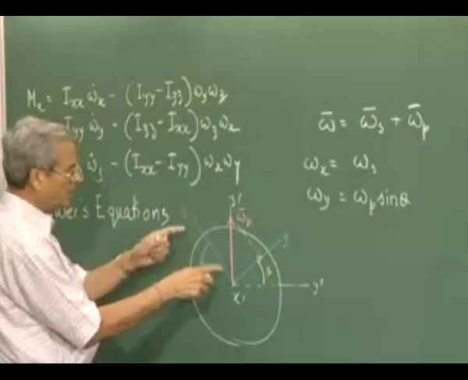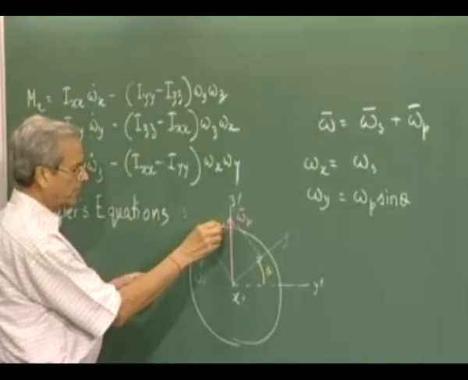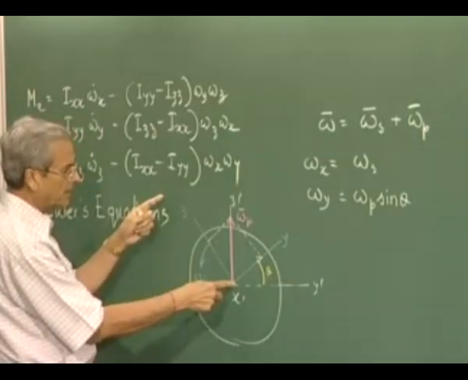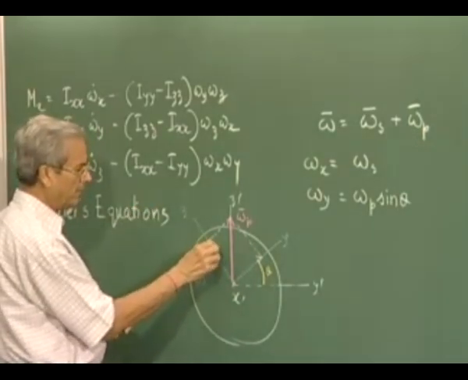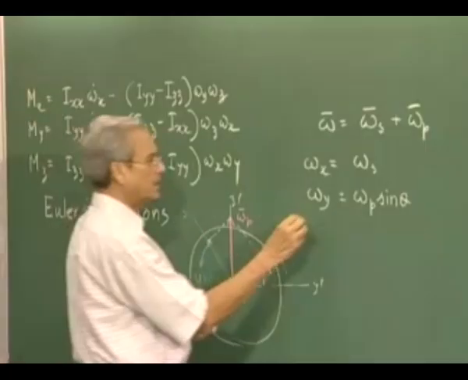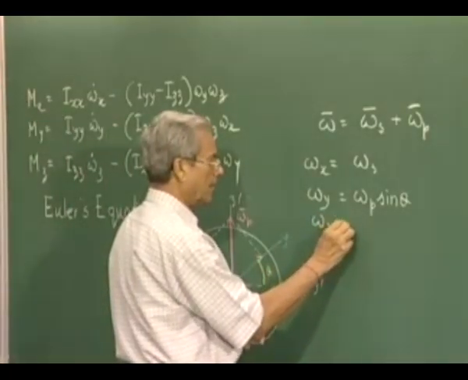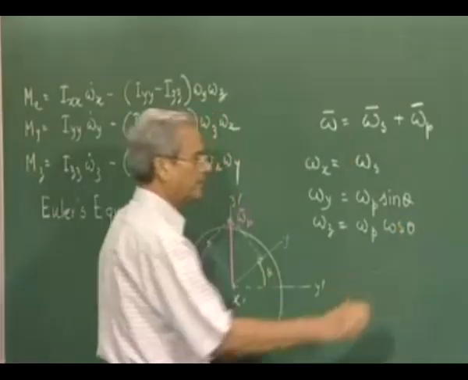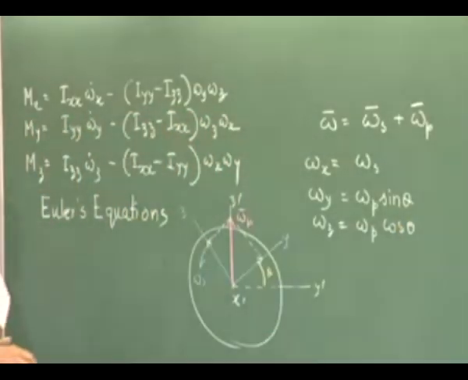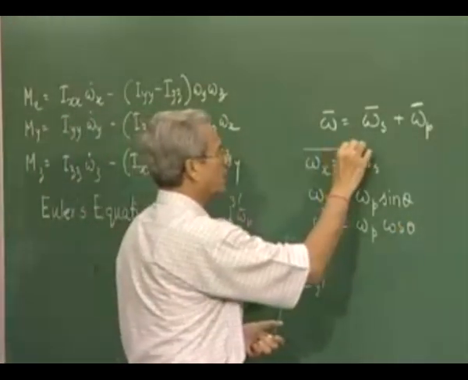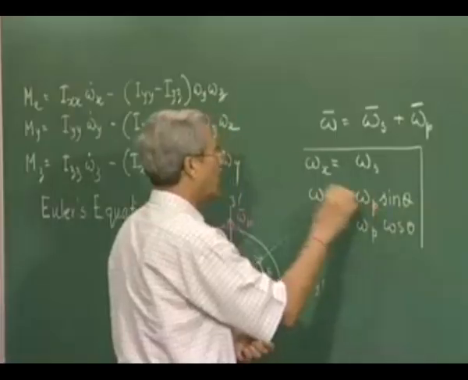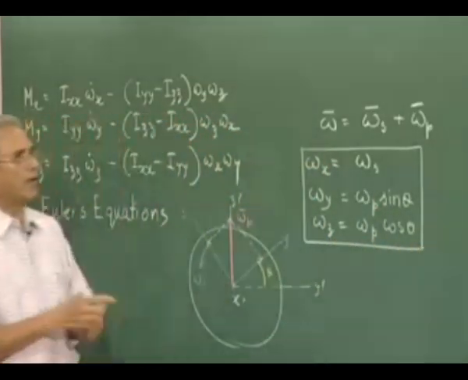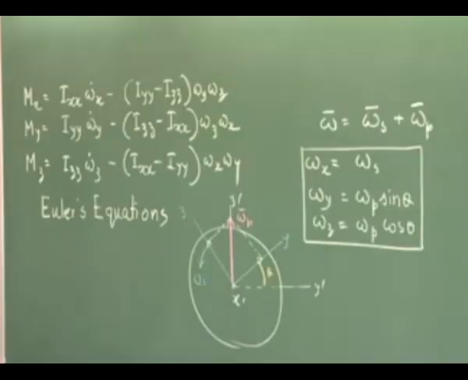And for the component along the z axis, omega s will have no component along this, and omega p will have this much. So these are the angular velocity components along the xyz of the rigid body, and of course the small xyz frame is rigidly attached to that.